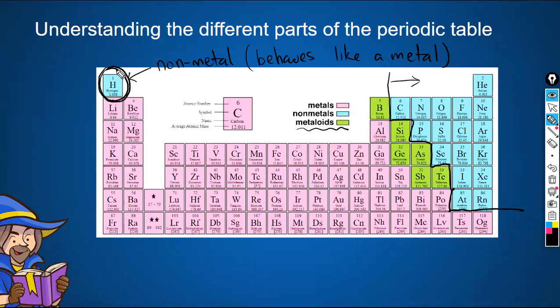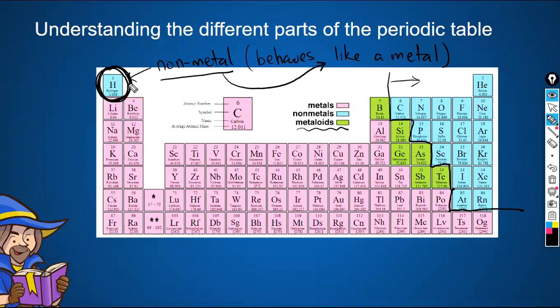Hydrogen, even though he is a non-metal, his behavior is very, very similar to a metal in a lot of cases. That is why a lot of periodic tables put hydrogen in the metal region.